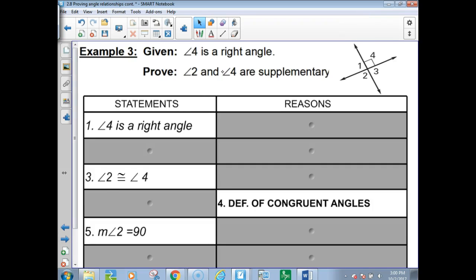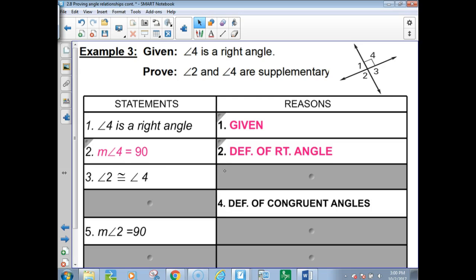Okay, not too bad, I hope. So next we have that angle 4 is a right angle. It's given. Okay, then we're going to probably be writing down that the measure of angle 4 is 90, and that would be because of the definition of a right angle. You don't have this one, do you?